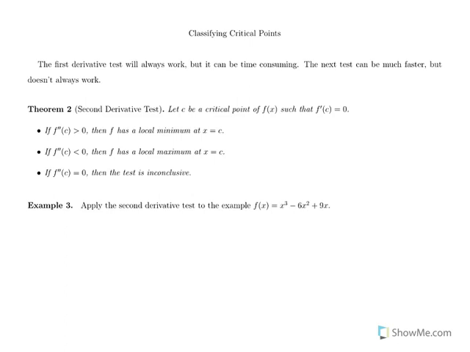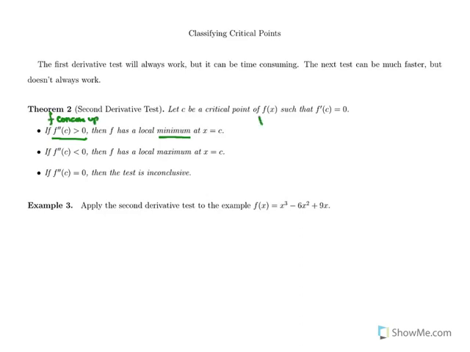So this may seem backwards, right? We have a positive second derivative and we have a minimum, and those things seem backwards, but let's think about what this means. Positive second derivative means that our function is concave up.